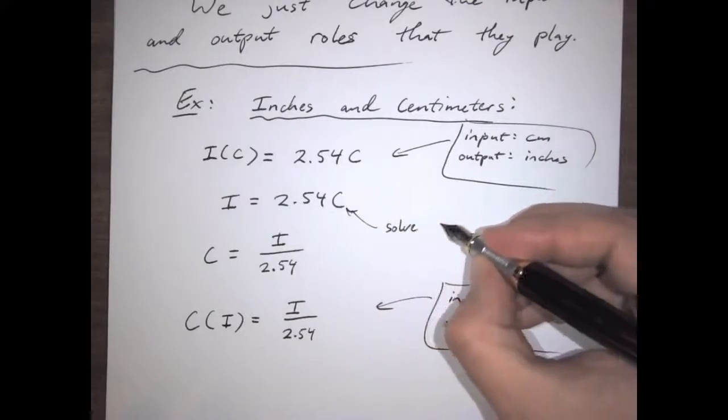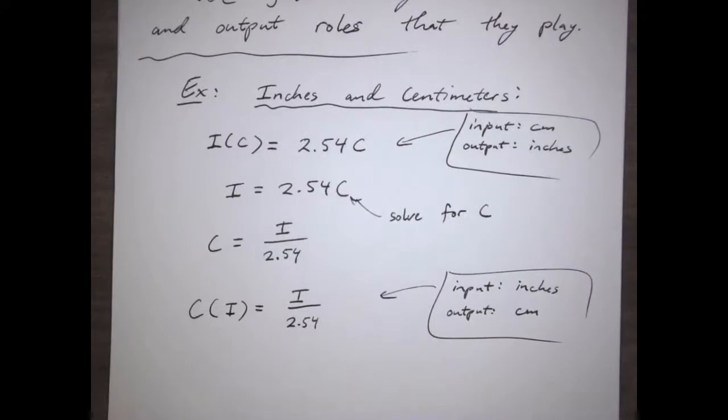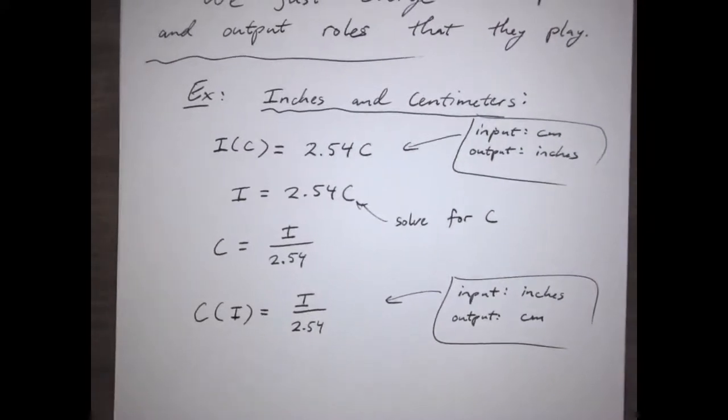And what we did was solve this for the C. So we don't just do like we did generically with x's and y's of just switching the letters and solving for the other one. We just actually switch their roles so that whatever was once the input becomes now the output and vice versa.